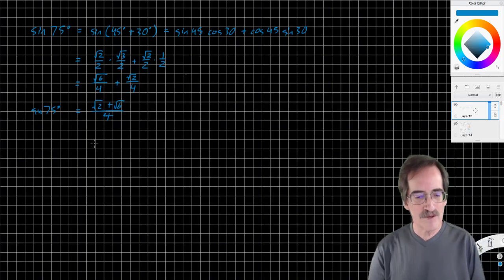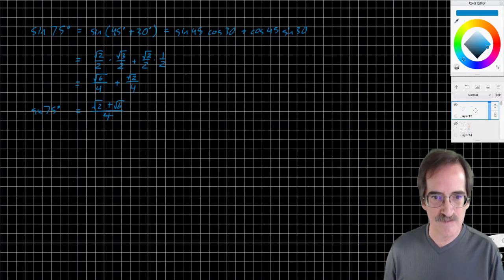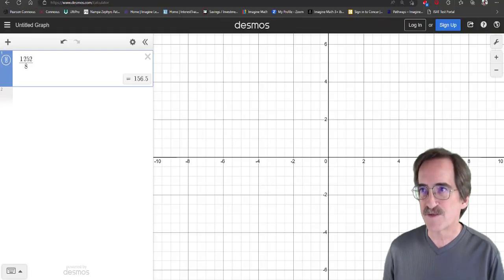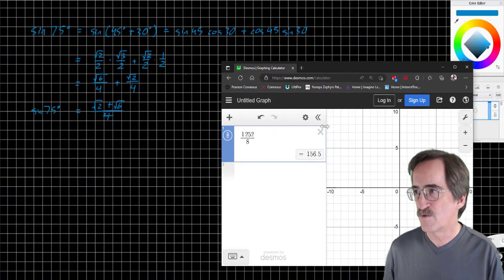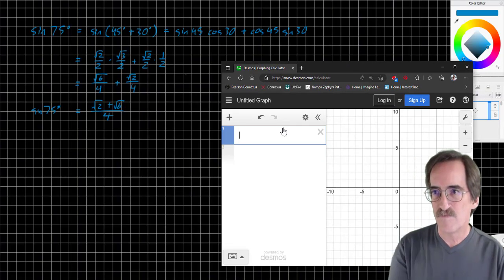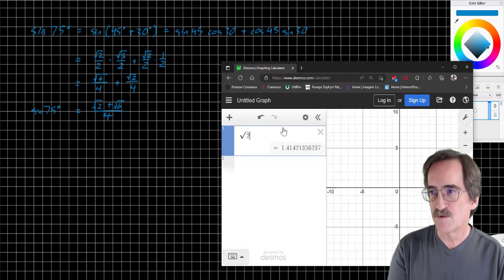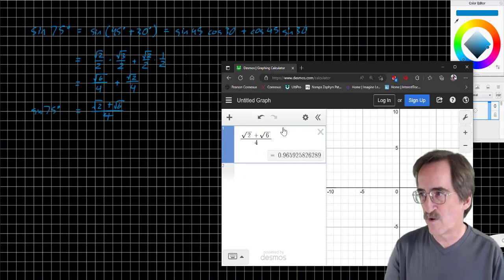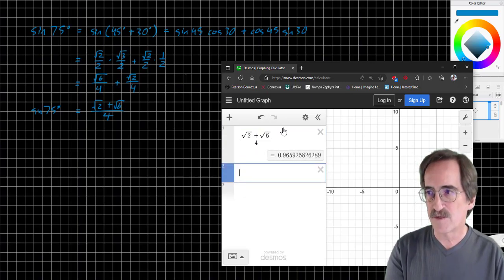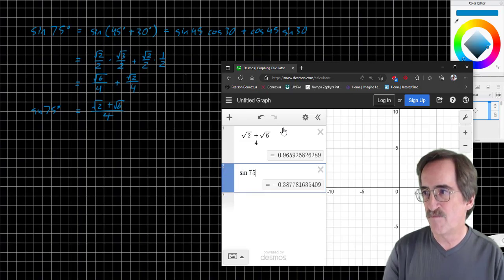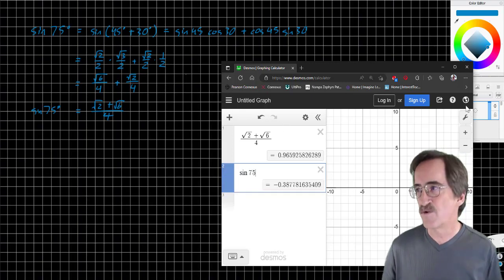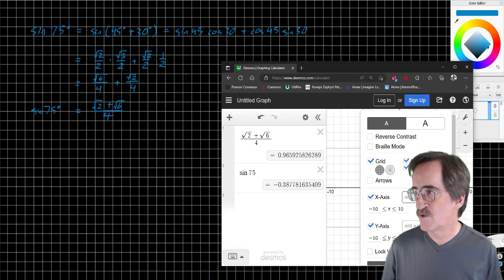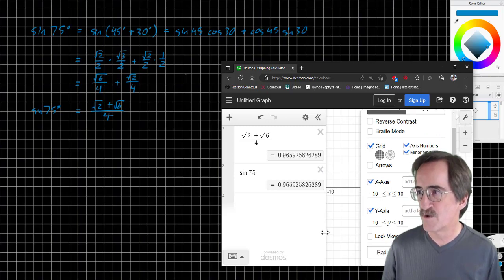We can verify this. Let me pull up Desmos real quick. That's a great thing to do when you do a problem. We can evaluate square root 2 plus square root 6, all divided by 4, and we can evaluate sine 75. Mind you, Desmos defaults to radians, and we're working in degrees here, so make sure it's set to degrees.